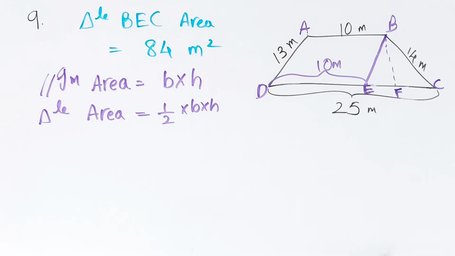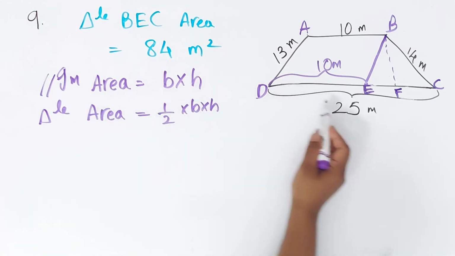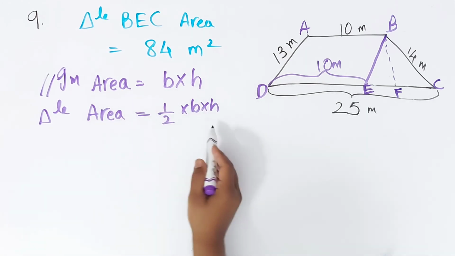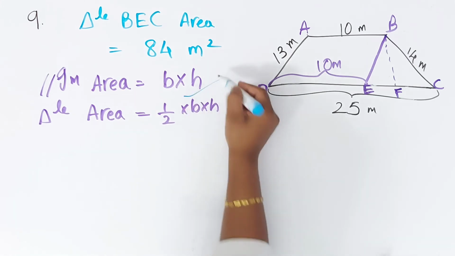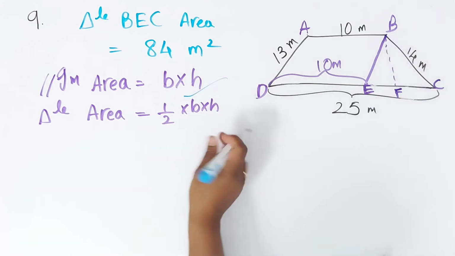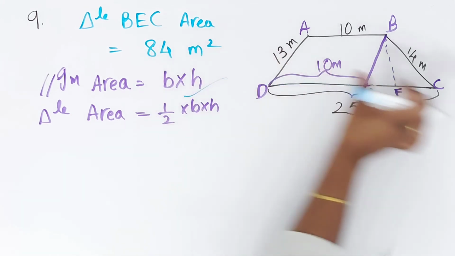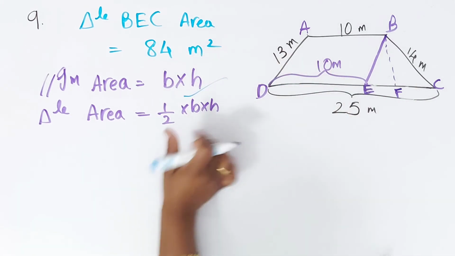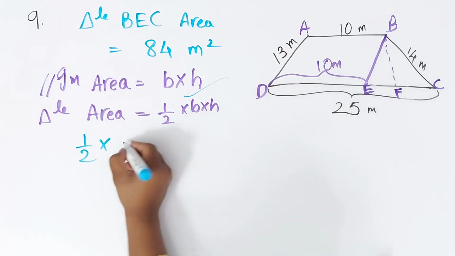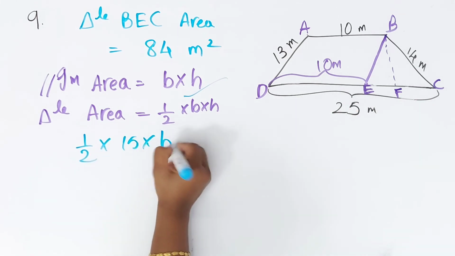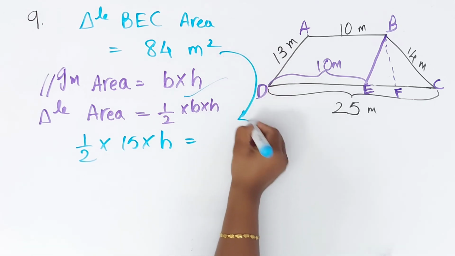We know that parallelogram area equals B into H, children, and triangle area equals half into B into H. Here we don't know the height, children, the perpendicular height. From this triangle BEC area, we can find out the H value. Half into base, here this is 15 meters. 15 into H, we don't know, that equals 84, right?